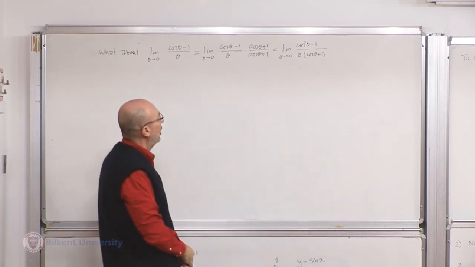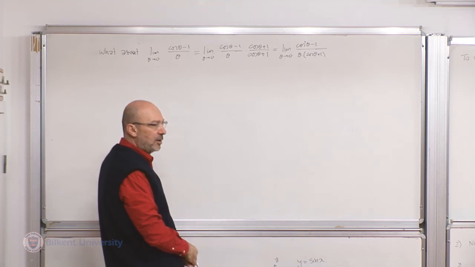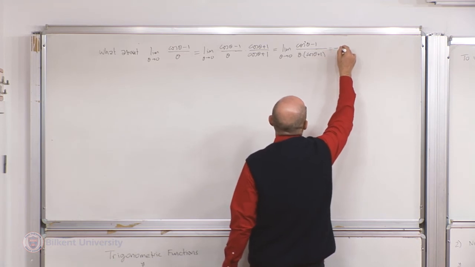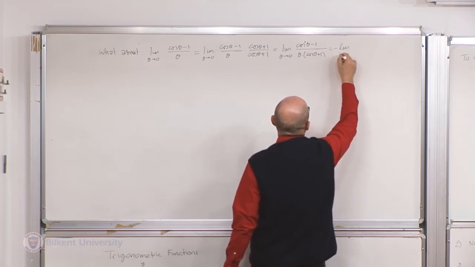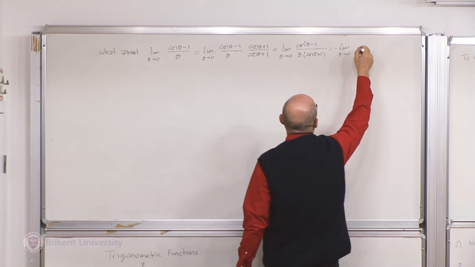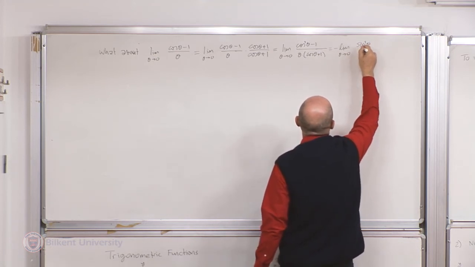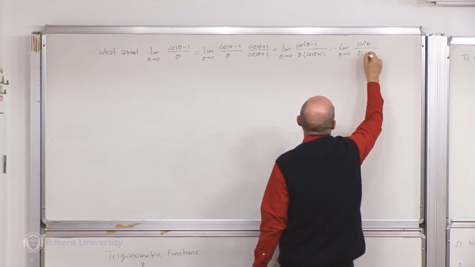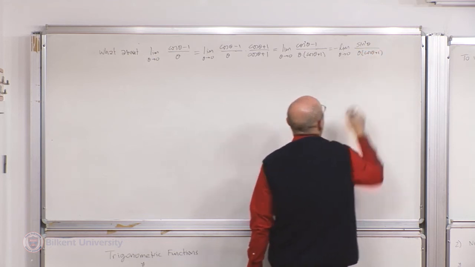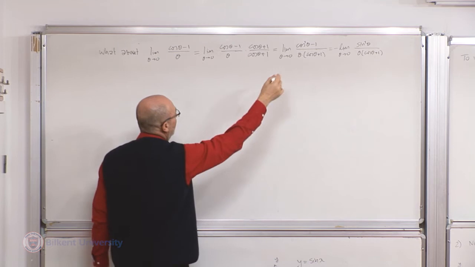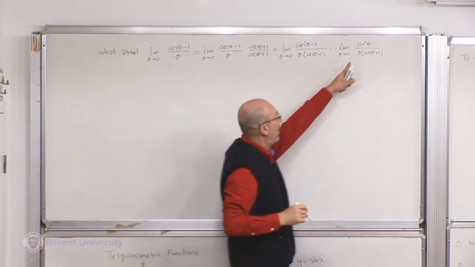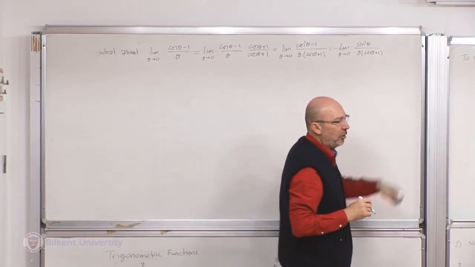Okay, I can recognize cosine squared theta minus 1 as minus sine squared theta. So this is equal to minus the limit as theta goes to 0 of sine squared theta over theta times cosine theta plus 1. Now I have sine theta over theta. I know what that is.